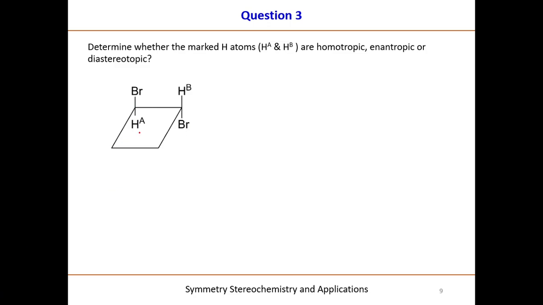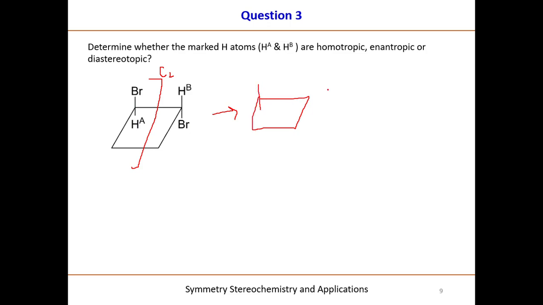If we replace one atom by any other atom, before replacing the atom, first we have to check the homotopicity of the molecule. So I will pass the axis of symmetry here. If I pass a C2 axis from this position, what will I get? This bromine will come to this side and this HA will come to the front side. I will rotate it here and draw, then we will discuss it.